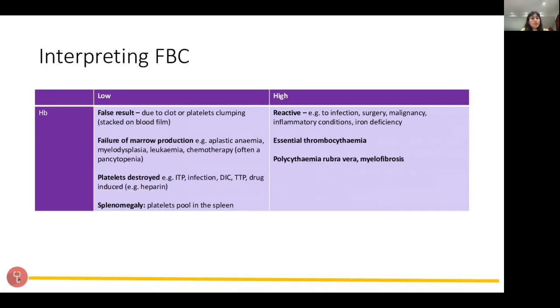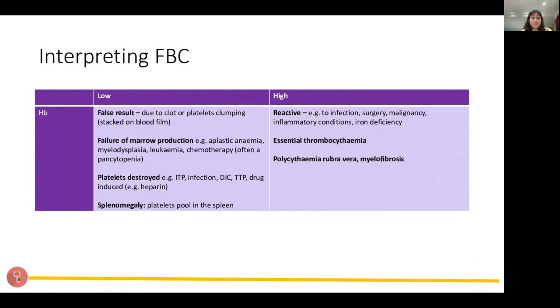And then other causes include your bone marrow not producing enough platelets. So that can be in aplastic anemia, where everything will be low, chemotherapies, leukemias as well. And then either our marrow is not producing enough platelets, or our platelets are being destroyed somewhere in the body.